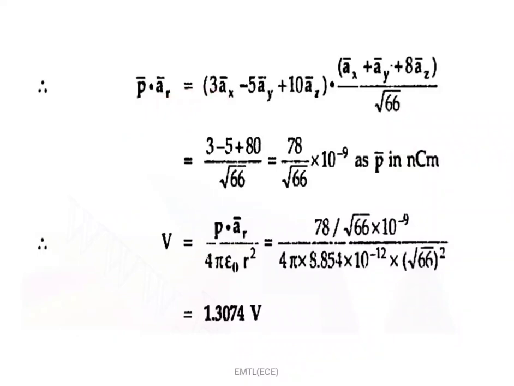Now substitute in the potential expression, that is p bar dot aR bar by 4 pi epsilon naught r square. Already the p bar dot aR bar value we find, that is 78 by square root 66 into 10 power minus 9, by 4 pi into epsilon naught value 8.854 into 10 power minus 12, and r, that is the distance between the points, square root 66 whole square.